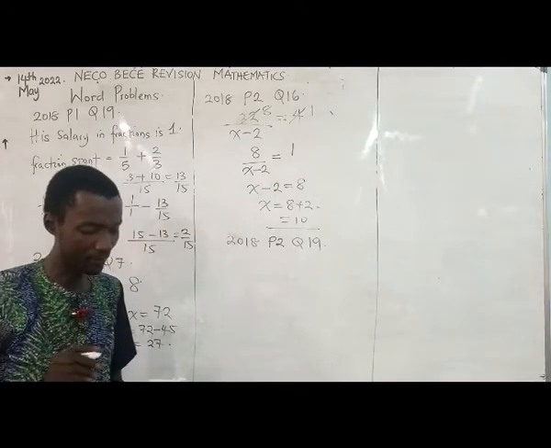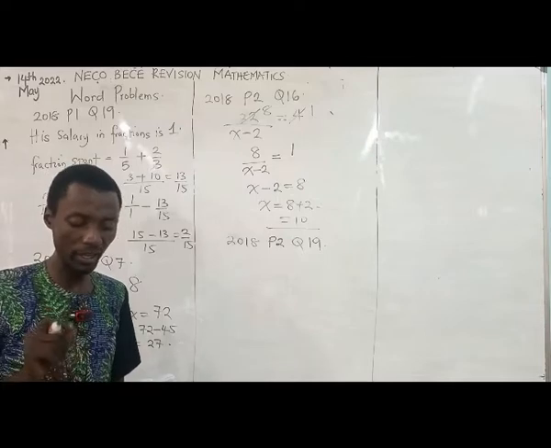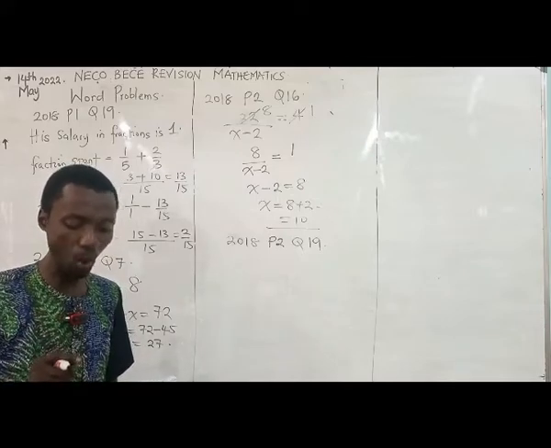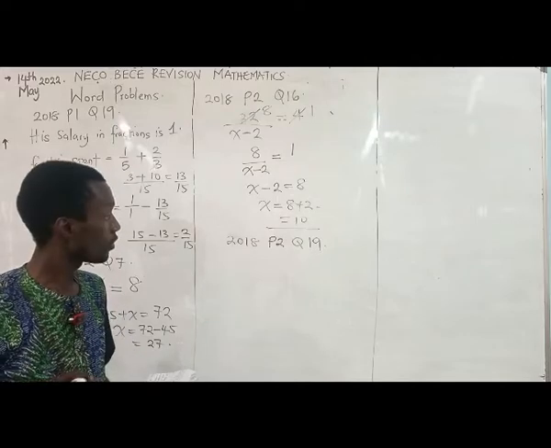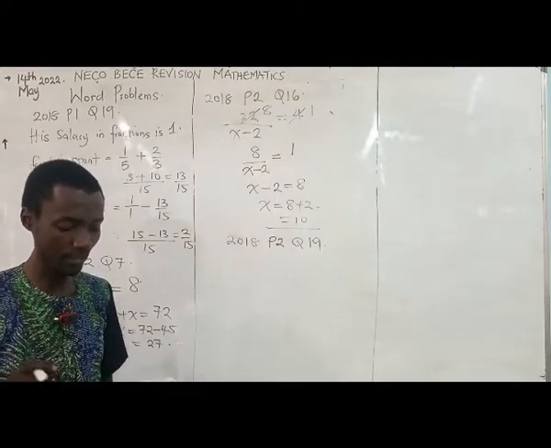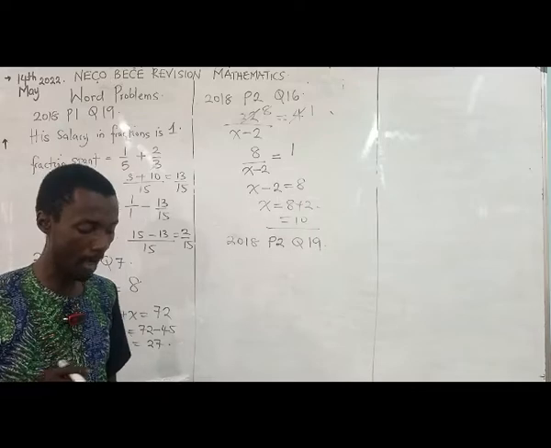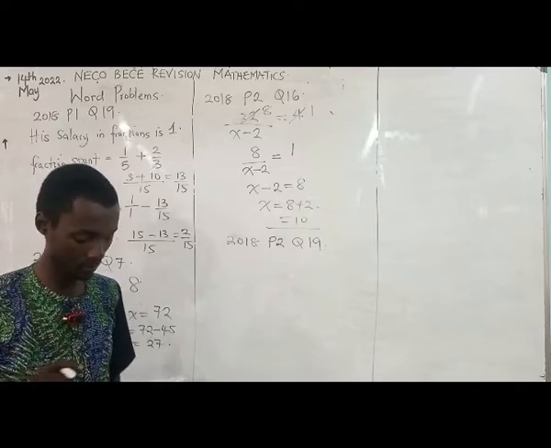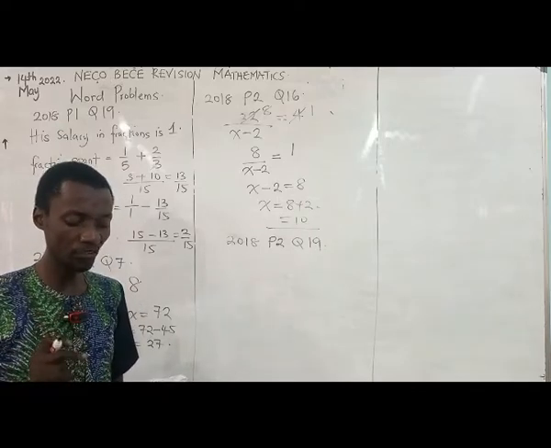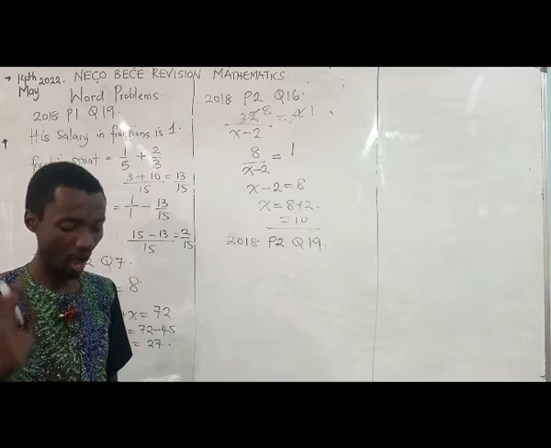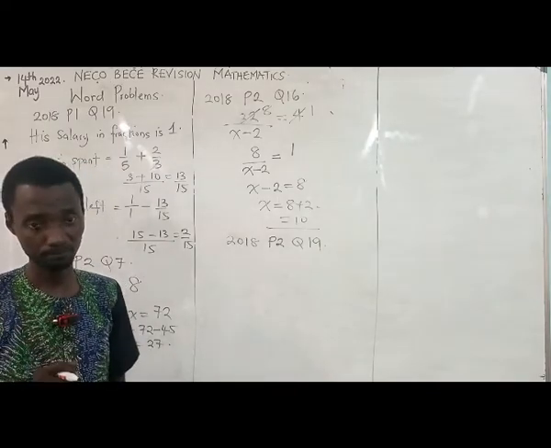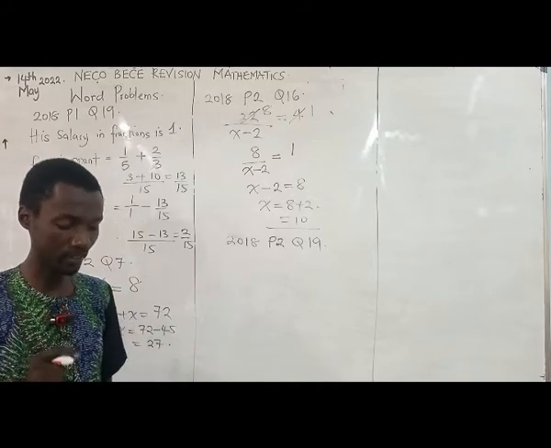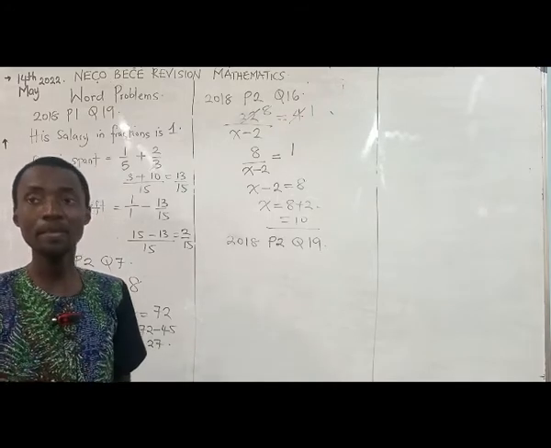What does question 19 say? 4 over 9 of the spectators in a football match are what? Males. If 200 of them are females, how many spectators are there in the competition? 4 over 9 of the spectators are males.